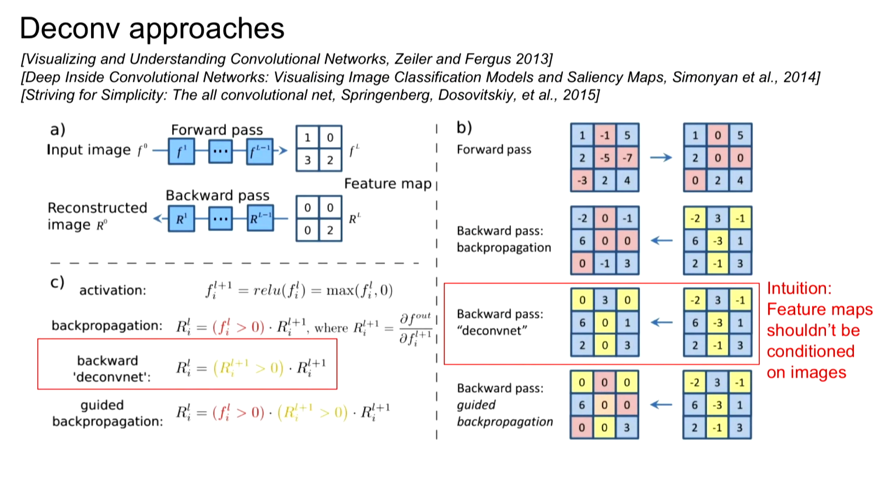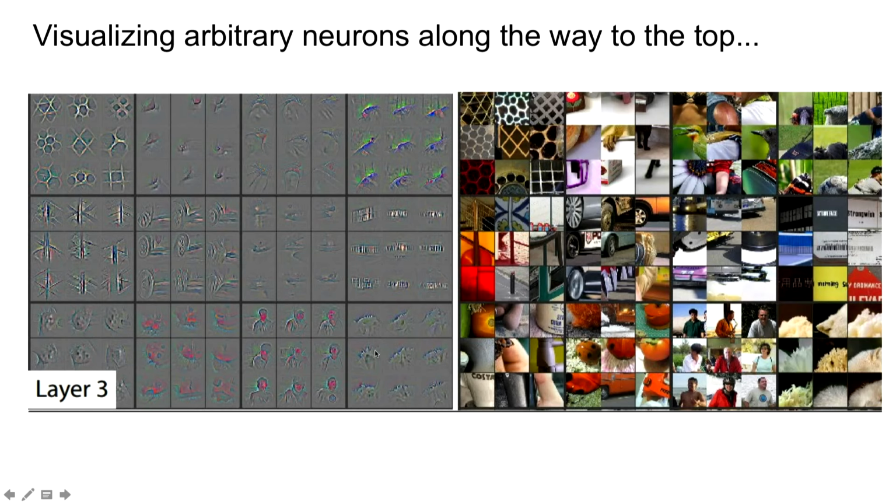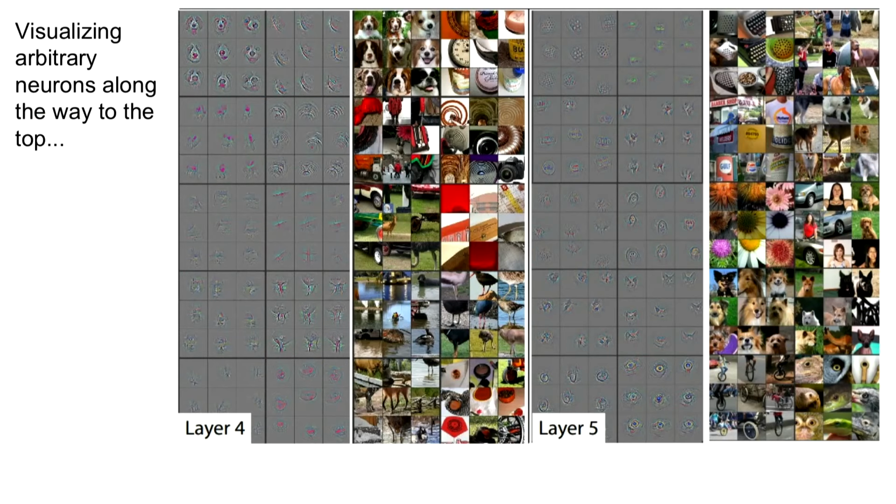And there's the deconvnet again. I'm just going to keep moving because I'm going to run out of time. Using either guided backprop or deconvnet, you can work all the way from the first layer. For the first layer, you effectively have just the actual filter weights, but you can use guided backprop to get layer 2, layer 3, and I think I showed this in the first lecture, so you probably already have good intuition for this.